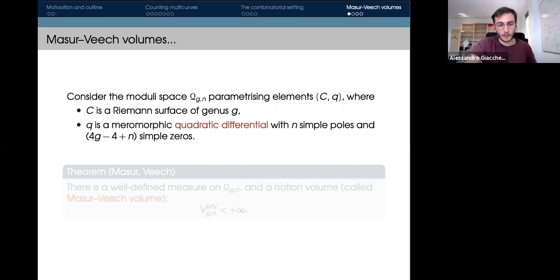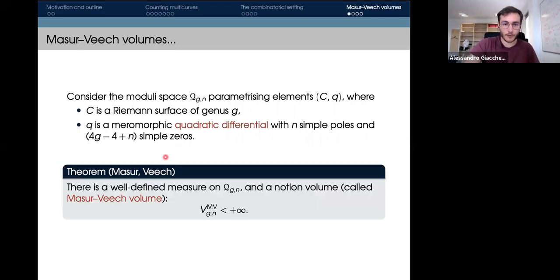The result I want to mention is that this moduli space has a well-defined measure, and also a notion of volume that is called the Masur-Veech volume, and this volume is finite. This is a result by Masur and Veech from the 80s.